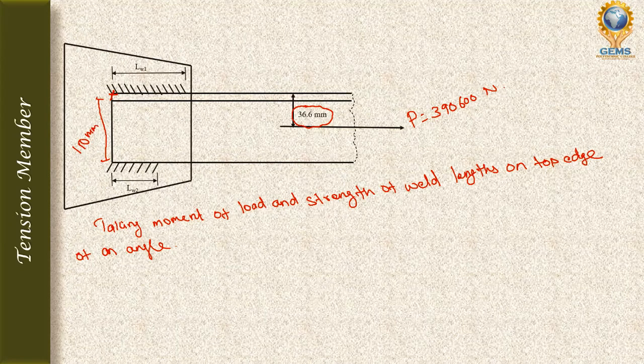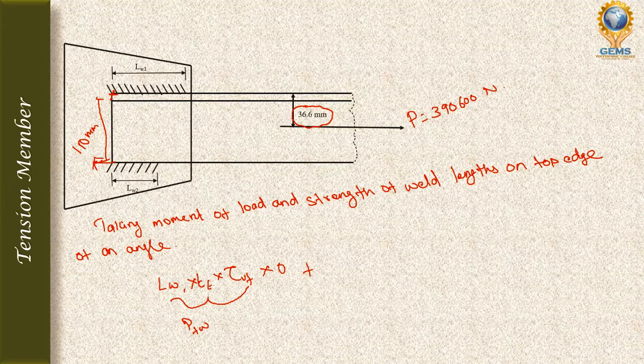So if you consider the moment, LW1 into TT into tau Vf, this is the strength of fillet weld, into distance. Here the distance is 0, plus then we will have a moment from LW2.